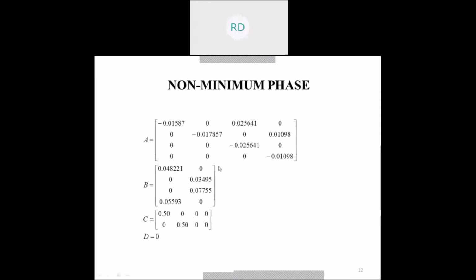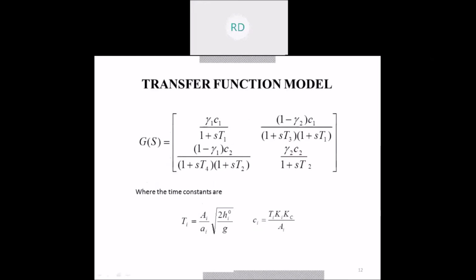This is for the non-minimum phase. This is the general transfer function model for this system. G11 is gamma 1 c1 divided by 1 plus sT1, and G12 is 1 minus gamma 2 c1 divided by 1 plus sT3, 1 plus sT1.